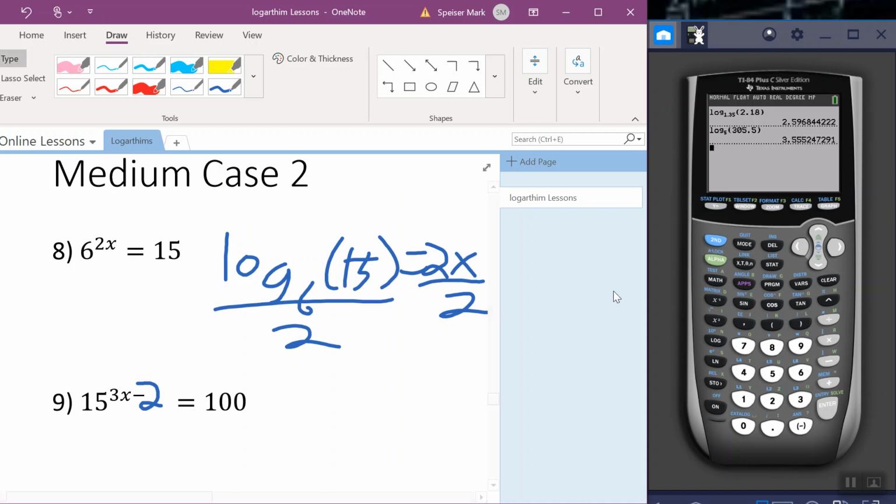So you input the calculator by hitting alpha, Y equals to get a fraction symbol, option 1. Then you type in alpha window, option 5, log of base 6 of 15 divided by 2 gives you 0.756. x is approximately 0.756.